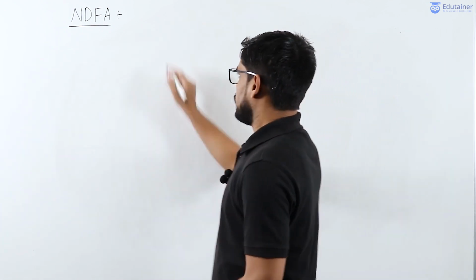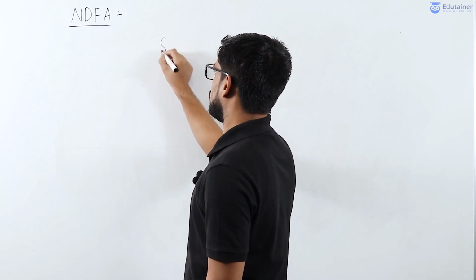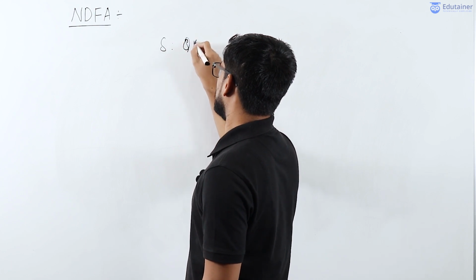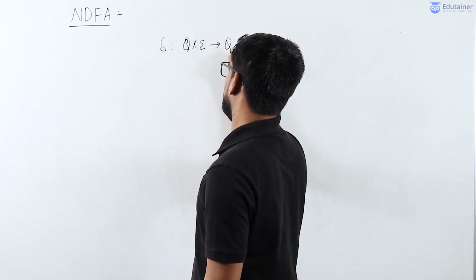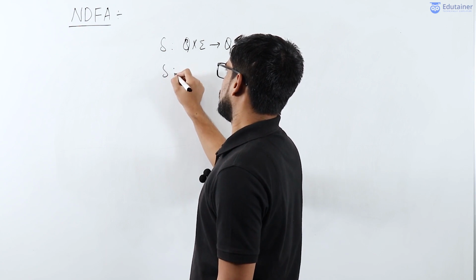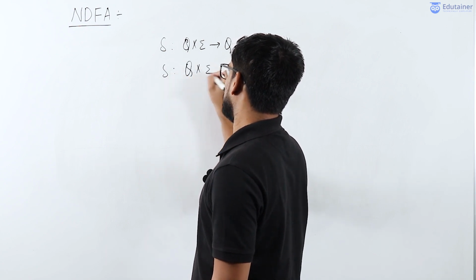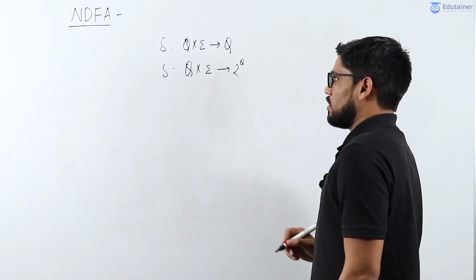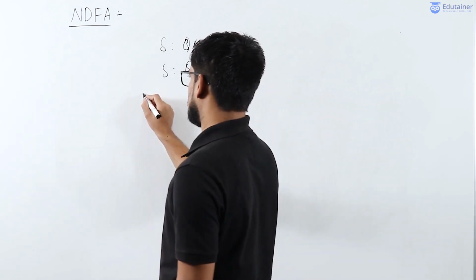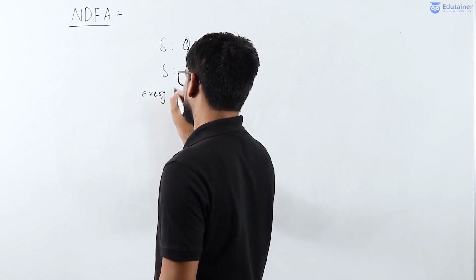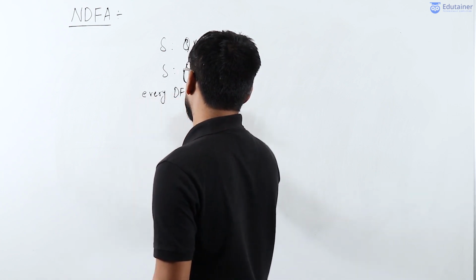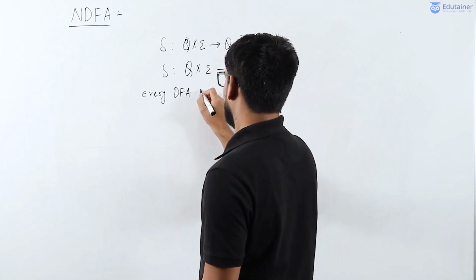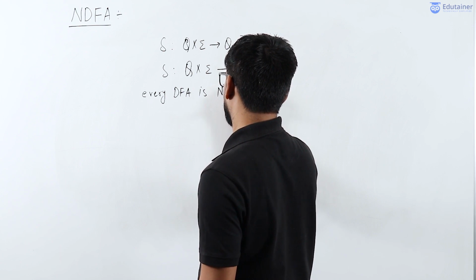What I mean to say is, the transition function of DFA is Q cross sigma to Q, whereas the transition function of NDFA is Q cross sigma to 2 raised to the power Q. So every DFA is an NDFA.